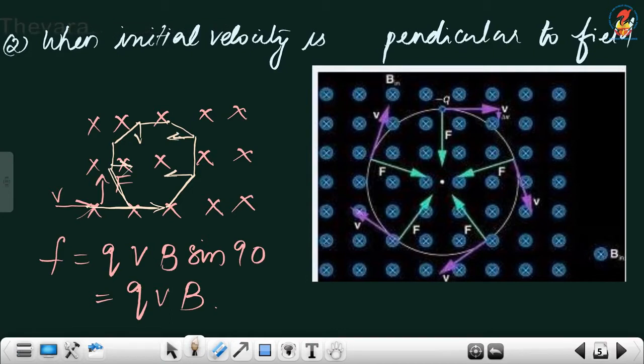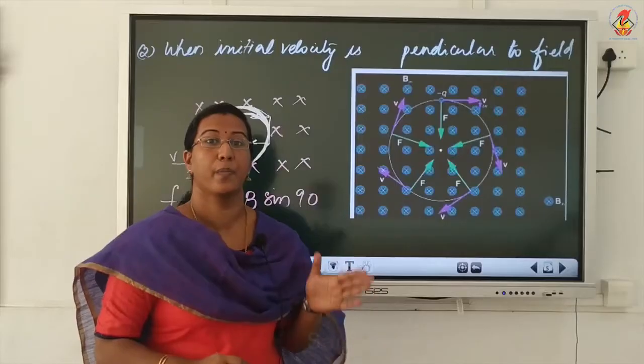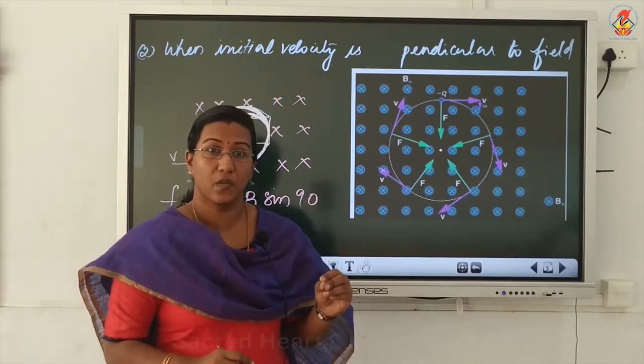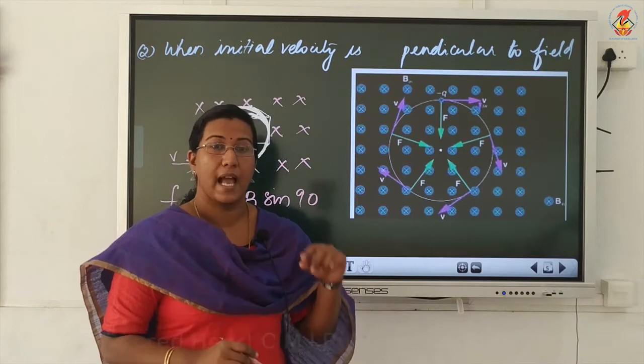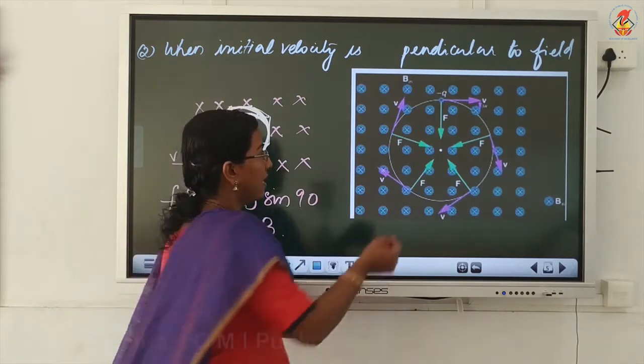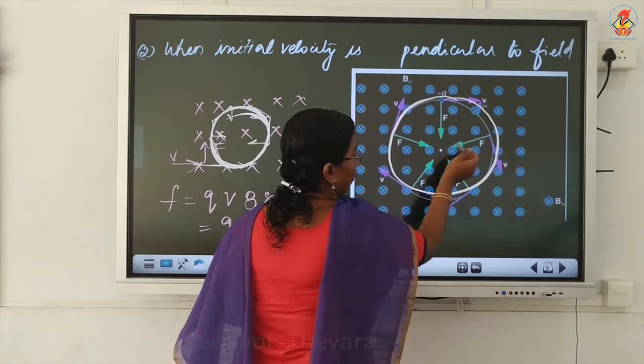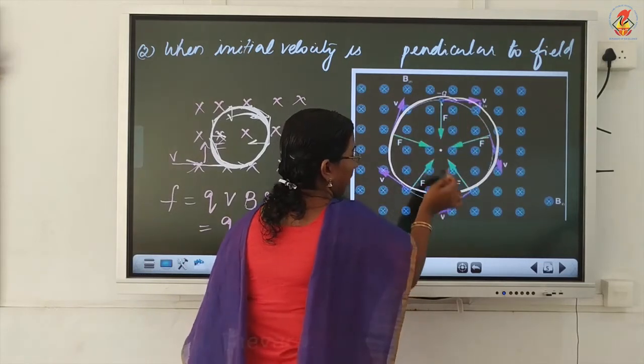So, at the end, the particle will start to move in a circular path with the force towards the center of the circle. So, whenever a particle is travelling perpendicular to the field, it experiences the maximum force, and this force will deflect the particle, and the particle will start to move in a circular path with the force towards the center of the circle.